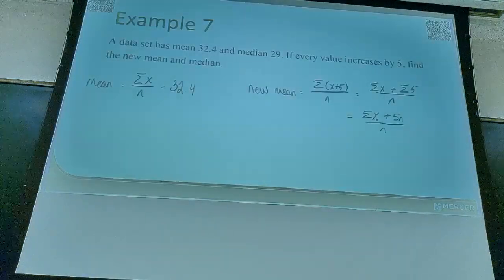But there are n data points, so 5 gets added to itself n times, which is just 5n. It's two separate fractions: sum of x over n plus 5n over n, which is just 5. Old mean plus 5. So if you add 5 to every data point, it's just adding 5 to the mean.